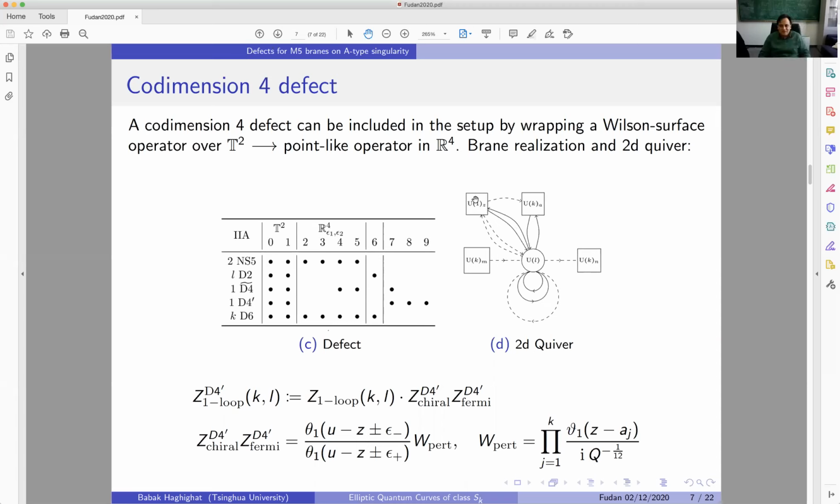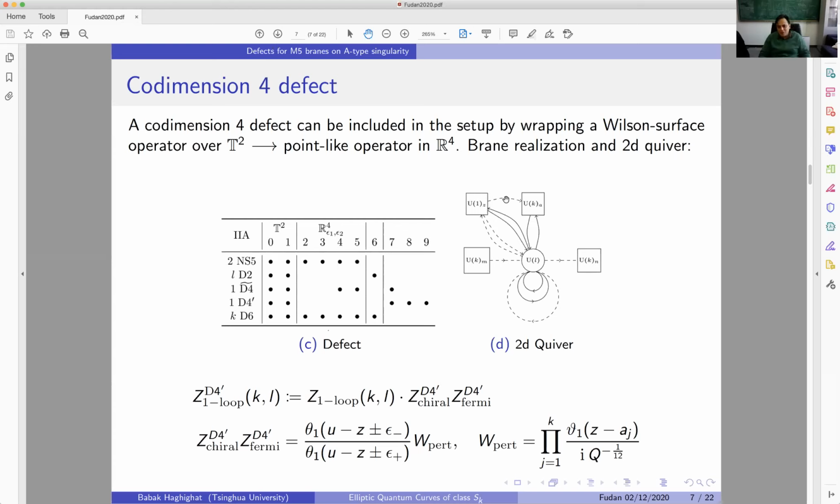It is very similar. You have again the fugacity attached to this defect, and you have these chiral and Fermi multiplets. But these kinds of defects preserve 0,4 supersymmetry, so you have whole hypermultiplets here from the supersymmetry considerations. So you have 2 chiral and 2 Fermi multiplets. That is the main difference.